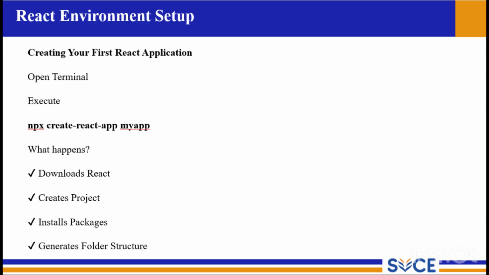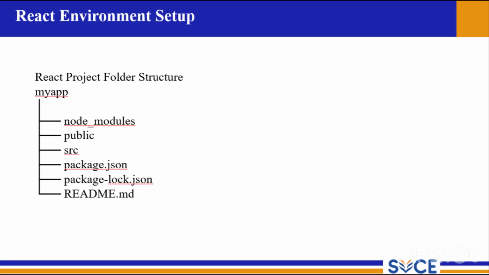This automated setup saves a significant amount of time and allows developers to start coding immediately without worrying about complex configurations. Once the project is created, React automatically generates several folders and files.